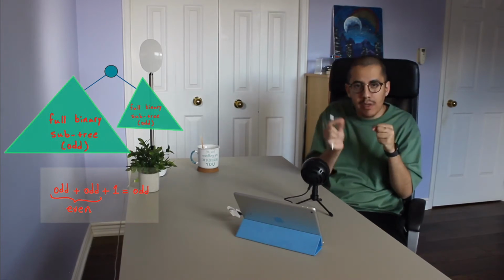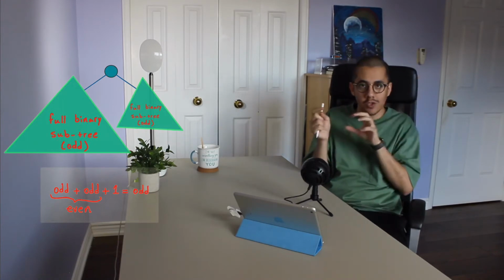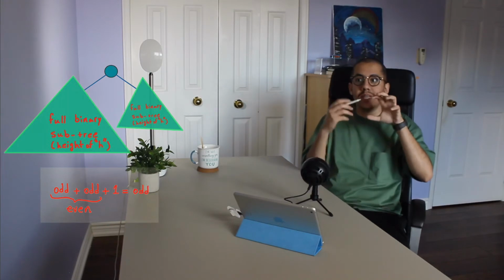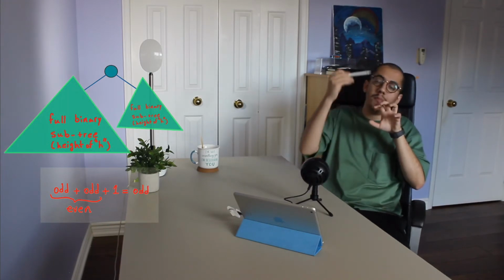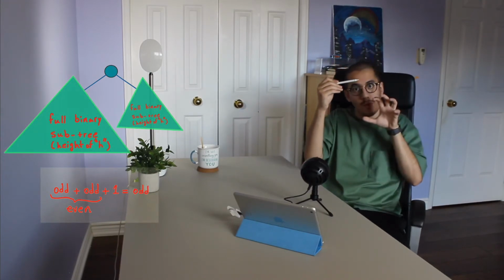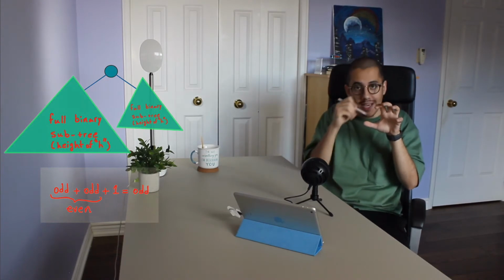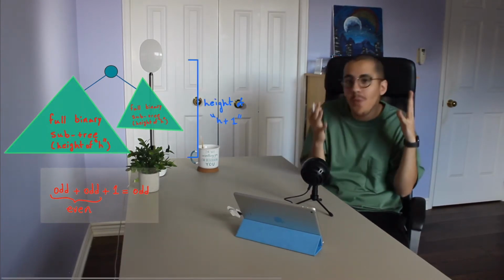Now, I'm going to tweak it a little bit so it works for our case. Let's assume that those children on the left and right had a height of h, and because they're connected to a root, that full binary tree has a height of h plus 1.